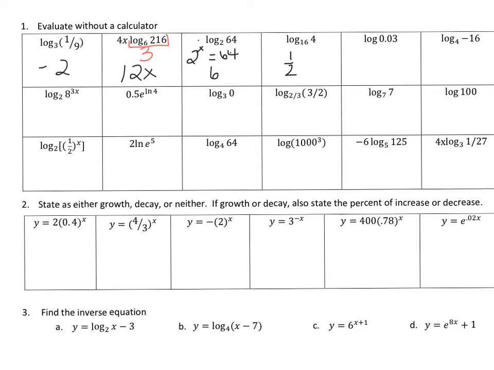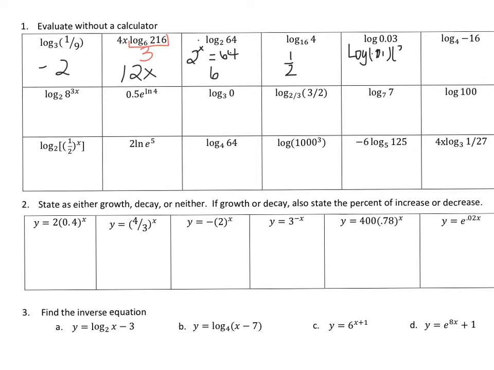The log of 0.03, we can't do that, but we could maybe look at it as the log of 0.01 times 3. It's very hard for me to write small.